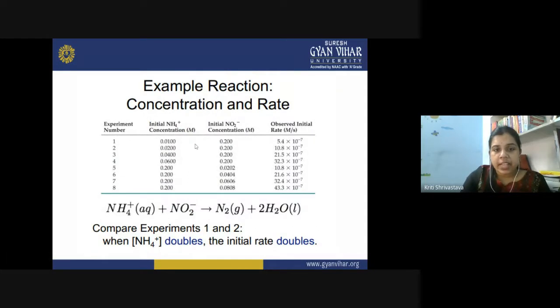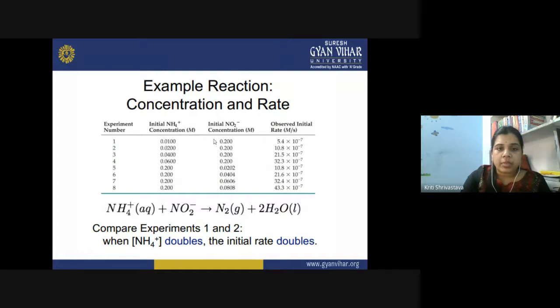Now for this example reaction, concentrations and rates are given. These are different experiments in which the concentrations of ammonium ion and nitrite ion have been changed to different extents, and the observed rates are written here. Now if you compare experiments 1 and 2, in experiment 1 the NO2 concentration is far greater than the concentration of ammonium ion, and this is the observed rate.